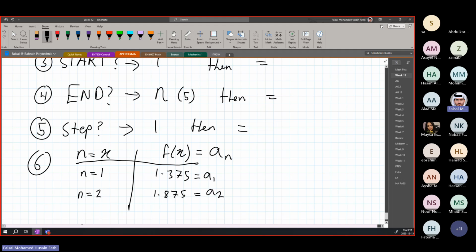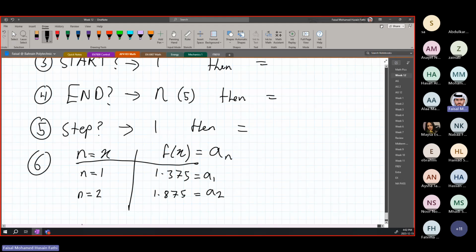Now, if you want to see it as a fraction, not as a decimal, with the arrow keys on your calculator, you will move on to f of x, to the value you want to look at. For example, let's look at a1. You will highlight a1, and you will hit the SD button. It will show you 11, a small bracket, and then 8.